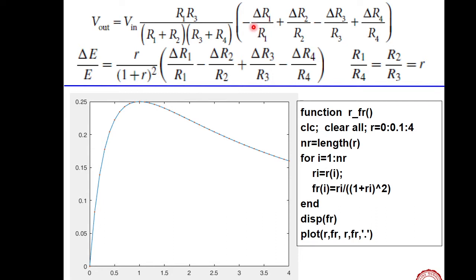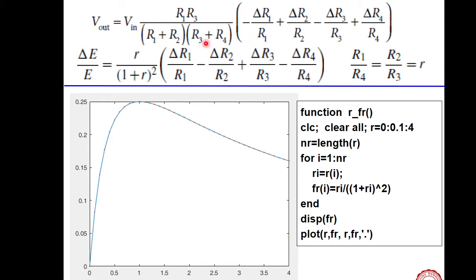So we can say this is N into delta R by R, where N means the number of active gauges, if R1 equal to R3 equal to R2 equal to R4 equal to R. That is the situation, right? So there, the number of active gauges plays a role.